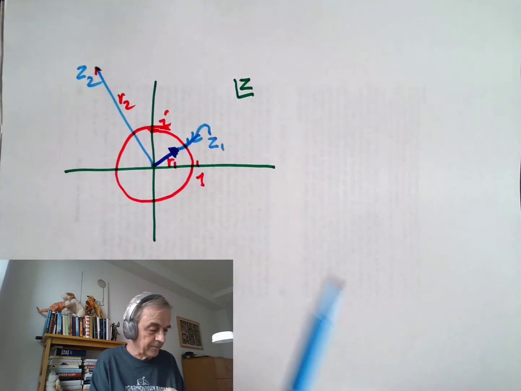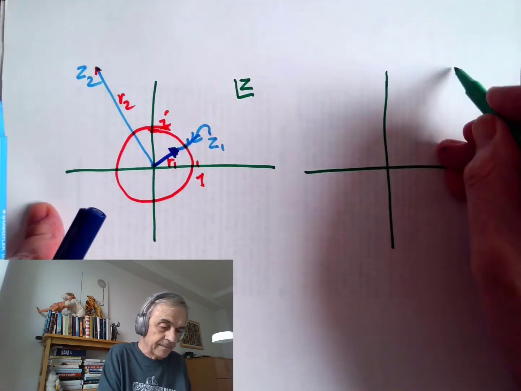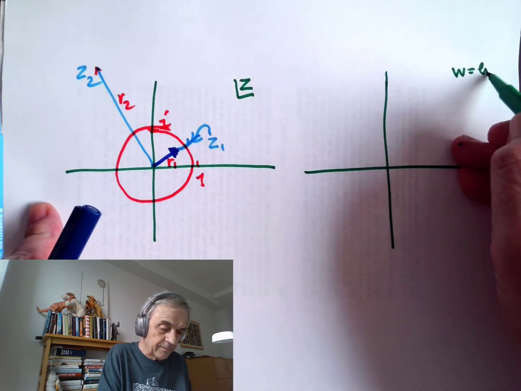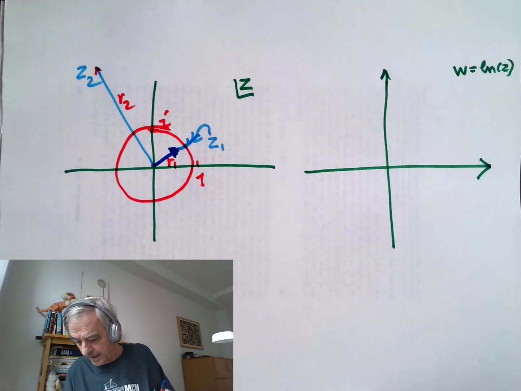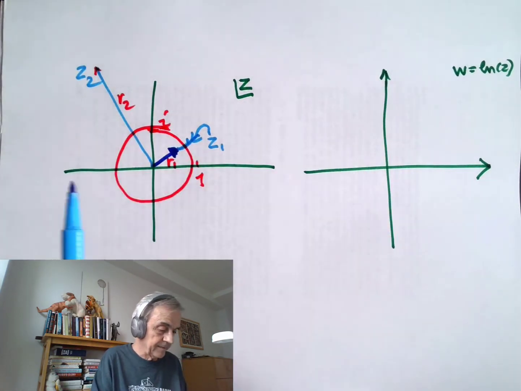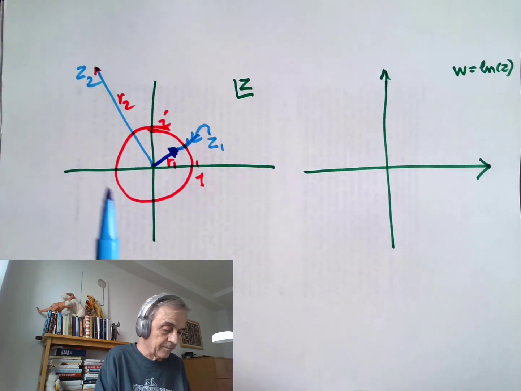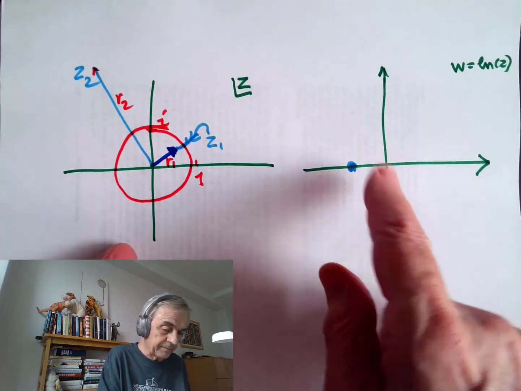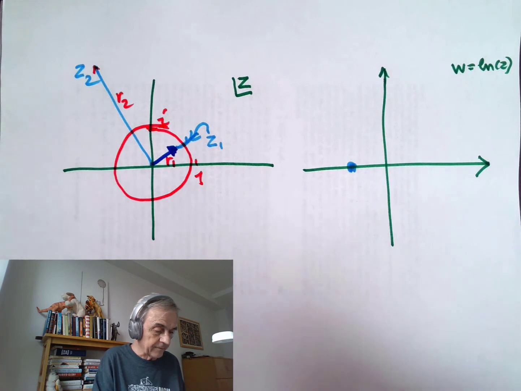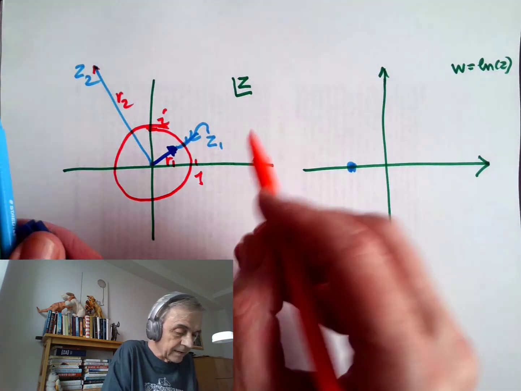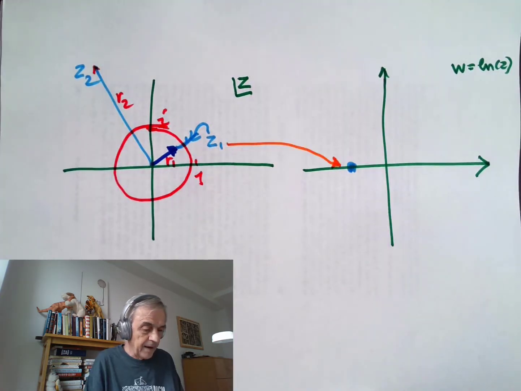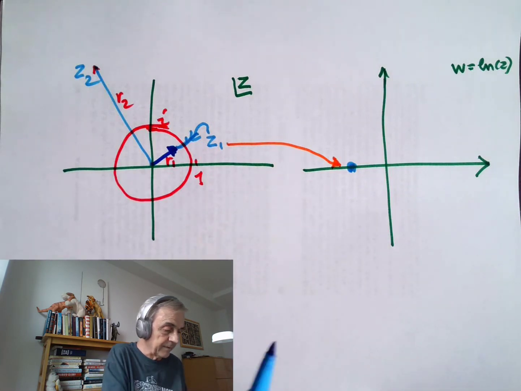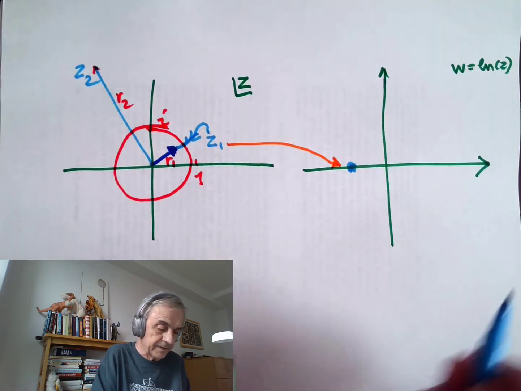So now let's look at w equals logarithm of z. This guy is smaller than 1, so it gets mapped into a negative number, the logarithm of a small number. So that's the fate of the magnitude of this thing. Well, this guy gets mapped someplace here.